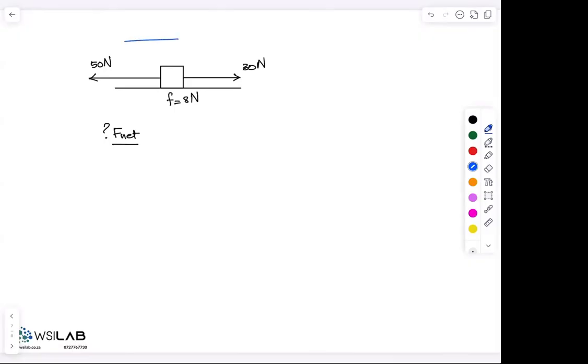Got it? Yes, I got 22. No. Do you agree that the block is going to move in this direction? Yes, to the left. Okay, so let's use this direction as positive. The frictional force is always against the direction of movement. And this is also towards that side. So I'm going to say F net is 50 plus a minus 8 plus a minus 30.